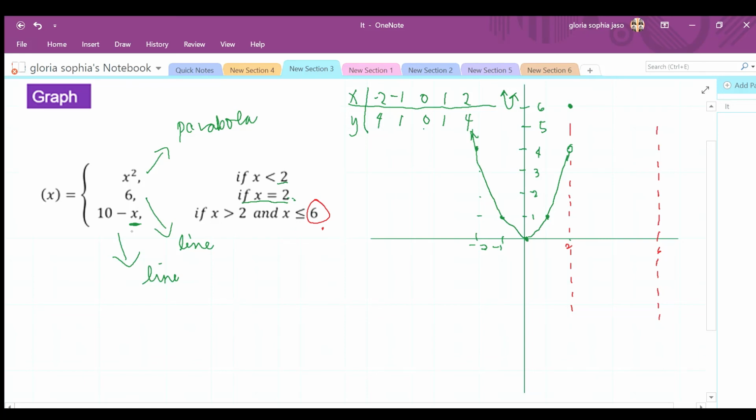so dito tayo sa 10 minus x. So, gawa tayo ng table of values.